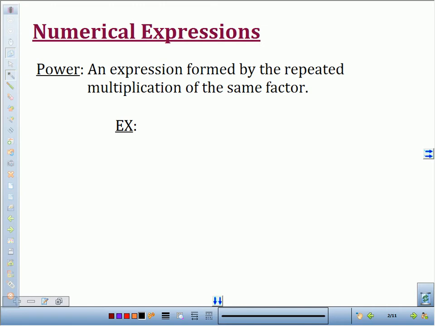So, the first thing that we really want to look at when it comes to numerical expressions are powers. A power is an expression formed by the repeated multiplication of the same factor. An example of this would be 2 to the fourth. Now, we would say 2 to the fourth power. This is called a power. I know a lot of people will want to refer to the fourth as the power, but this whole thing really is a power.